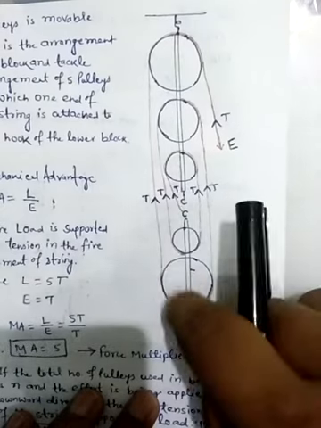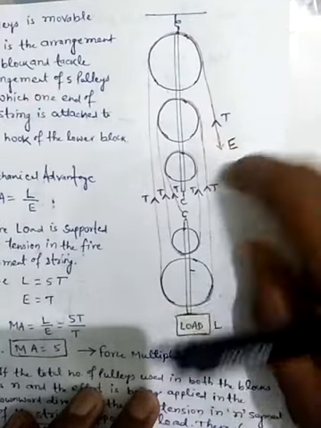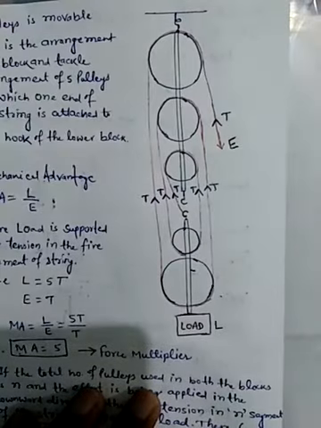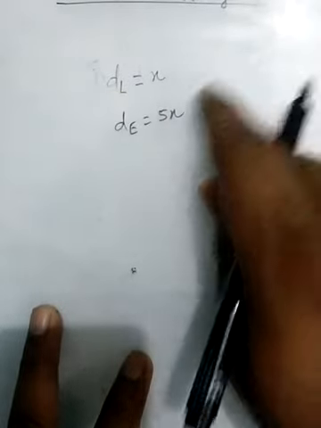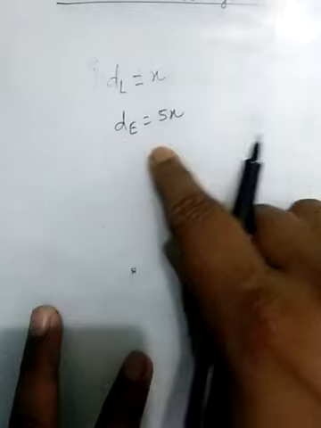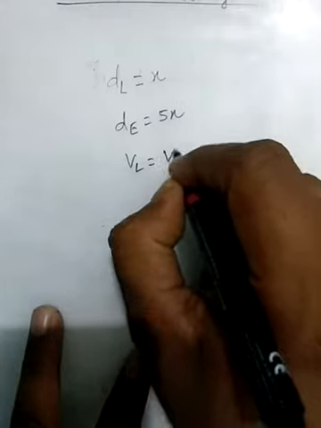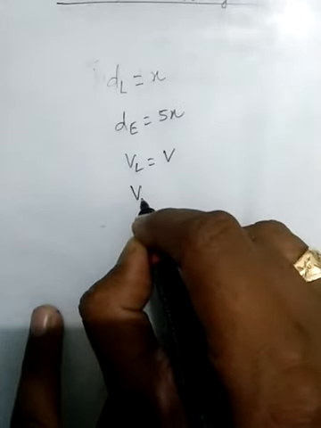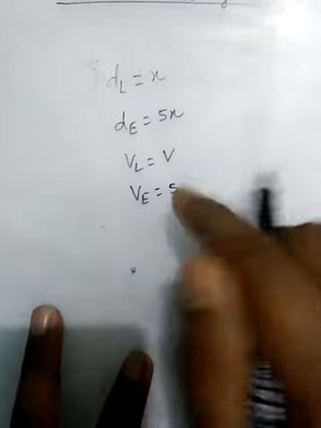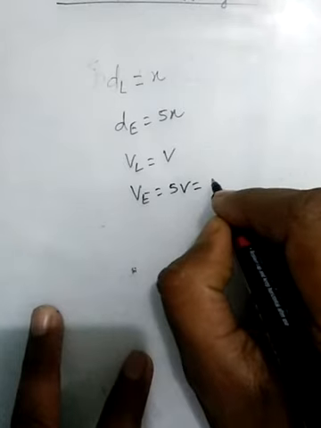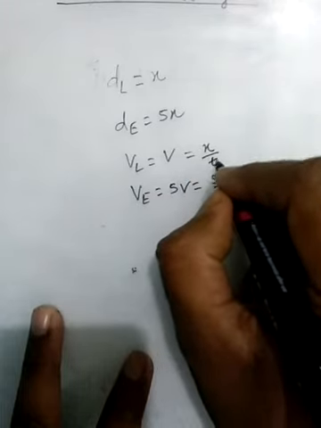For tightening the string, there is movement of the effort end by 5x in the downward direction. In this condition, if the displacement of load is x, then the displacement of the effort end will be 5x. Therefore, the velocity of load is v and the velocity of effort will be 5v, which is equal to 5x by t, and the velocity of load is x by t.